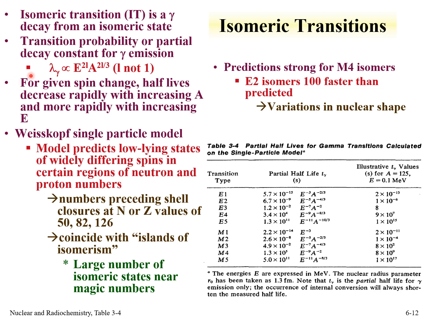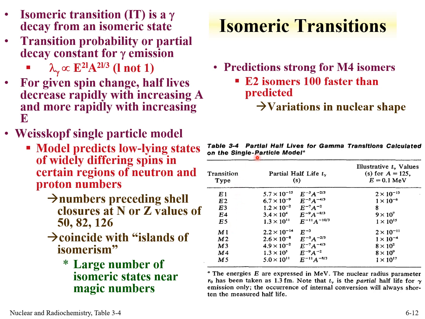The probabilities are based upon the energy, the A, and the L. Fundamentally, for a given spin change, the half-life of this isomeric state decreases rapidly with increasing A and even more rapidly with increasing E. There are models called the Weisskopf single particle models, which are used to predict low-lying states, and they can be used to evaluate the expected half-lives of these isomeric states.